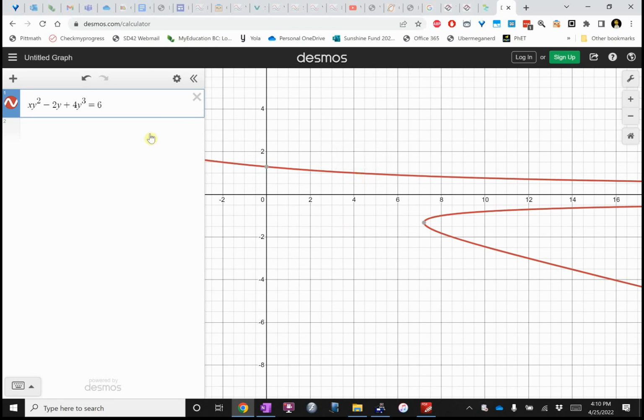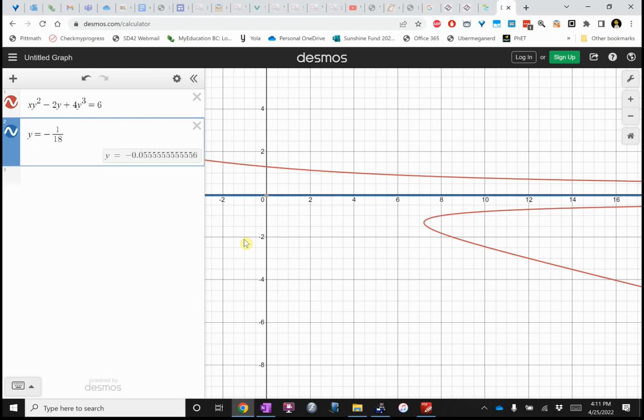Let's try now entering the tangent line. Ideally, that should kiss the graph right there and be exactly matching the slope. So what was the tangent line? It was y equals negative 1 over 18 bracket x minus 4 plus 1.